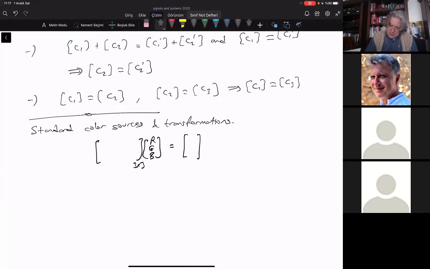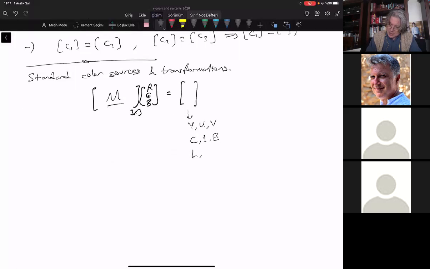With the choice of this matrix that we have here, we come up with several color formats that are universally accepted. One of them, this one, for example, is YUV. The other one is CIE.